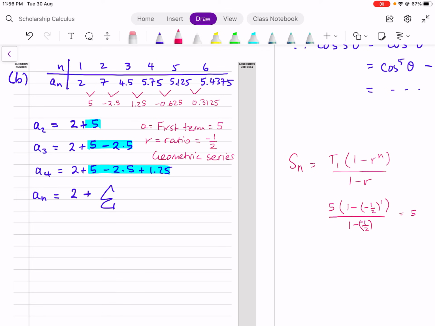Let's just test it if I change that n to 2. That gives me 2.5, which is great. That's the second row. That's 5 minus 2.5 is 2.5. I'll just try it one more time just to get my head around it.